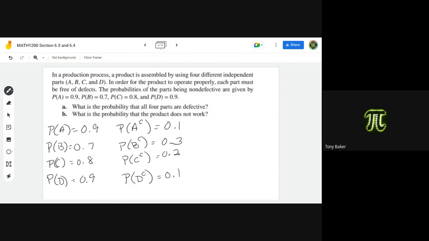So what do we do now? Yep, we multiply those 4 numbers. And we get 0.0006.